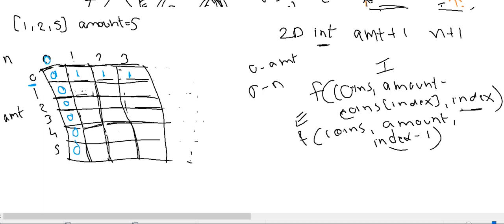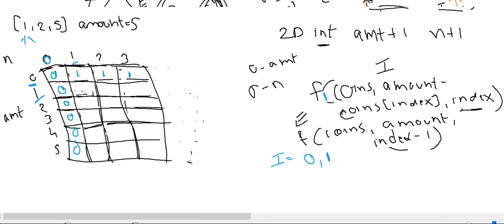Here the amount is 1 and my index is 1. Index 1 means it's pointing to this element. If I do include, the amount is 1, so 1 minus whatever the coin is at that index, my amount becomes 0 and my index stays the same, so cell 0, 1.